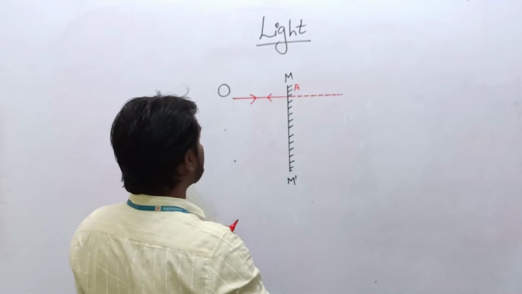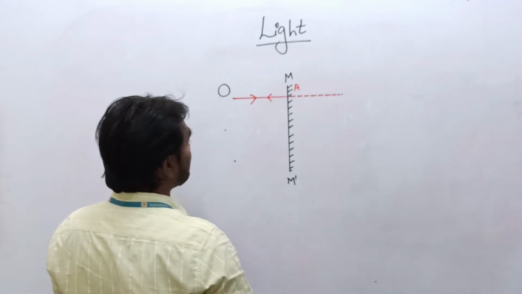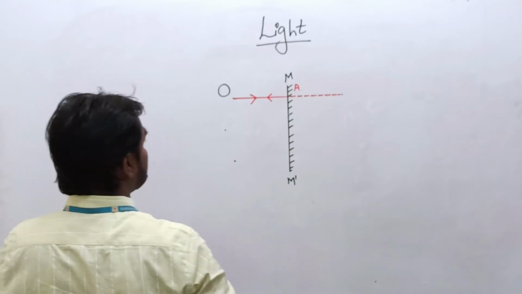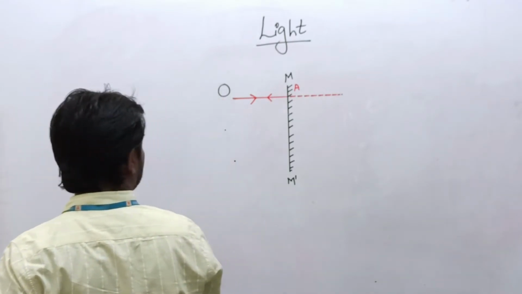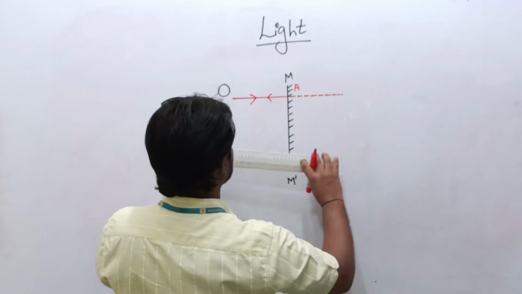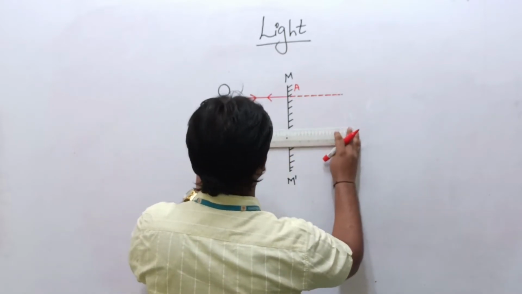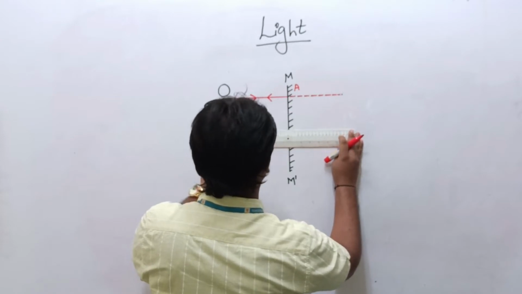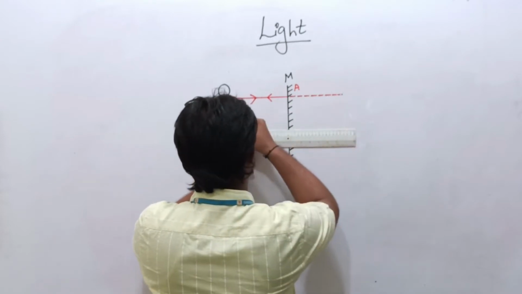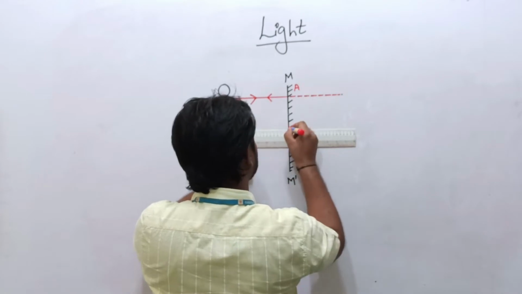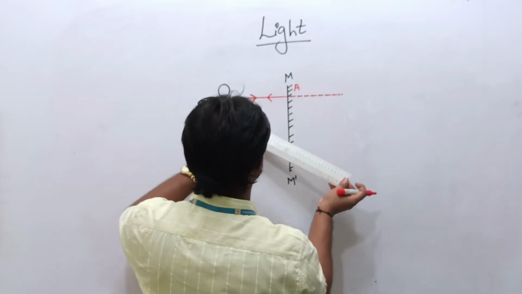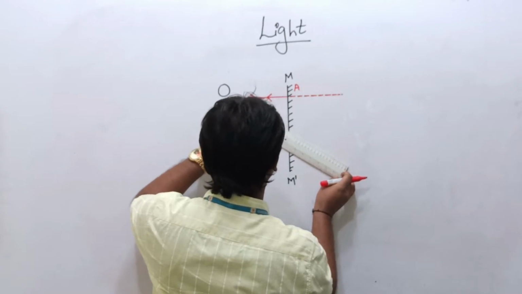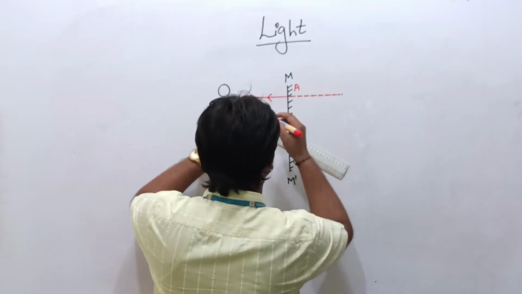Hope this is understood. Now next, I will draw the reflected ray. Okay, this is 90 degrees, right? So I will first draw a normal. Now let me take a point here, and I will draw one more incident ray.